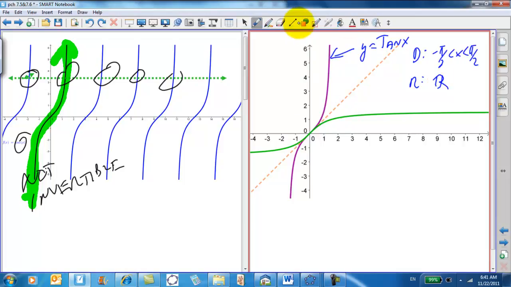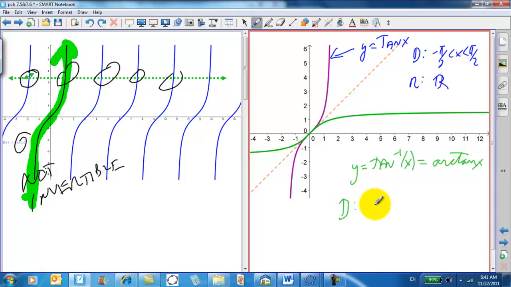Now it can be inverted, so we flip it over the line y equals x, and we get this green function. And this function is the inverse tan, also known as arctan, because you're going back to the arc that we talked about before, the arc along the unit circle.